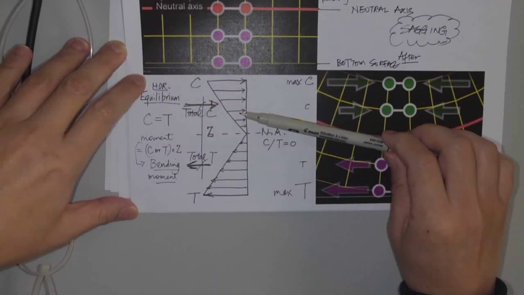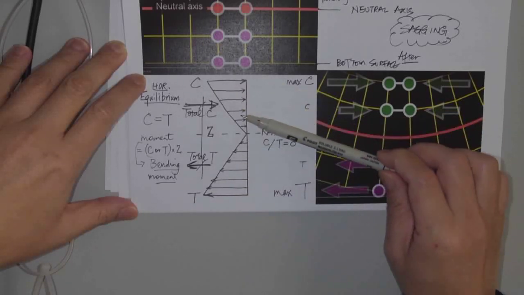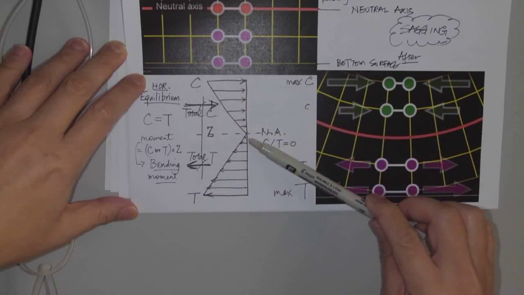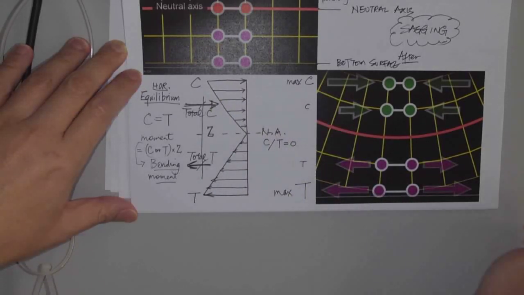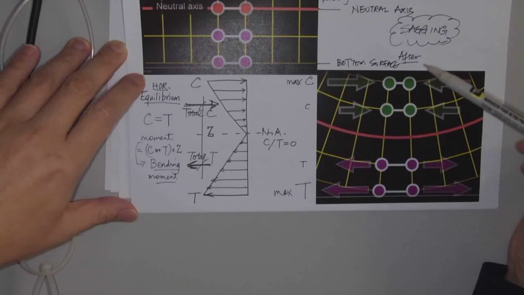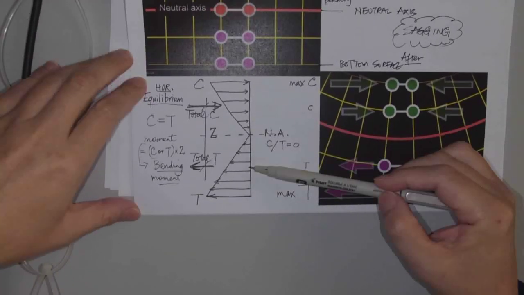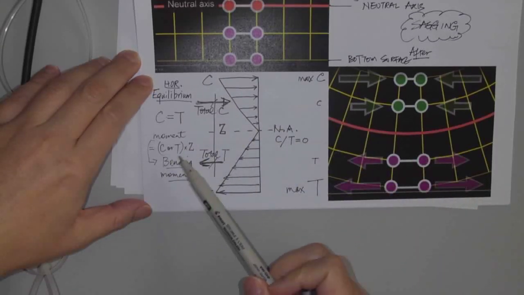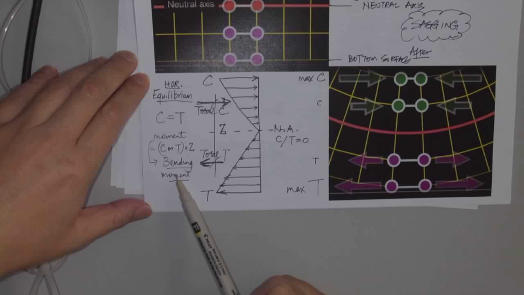Although the compressive force and the tension force are not uniformly distributed, they vary. The maximum is at the top or the bottom, depending on sagging or hogging. And from this diagram we have derived a very simple formula for what bending moment is.